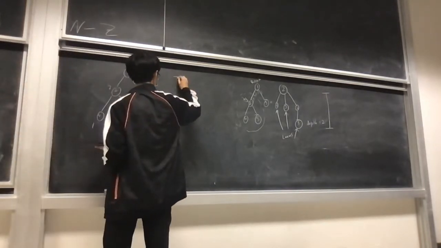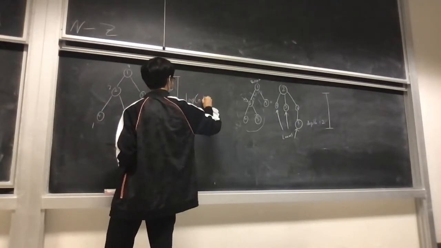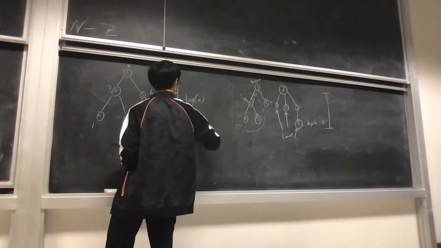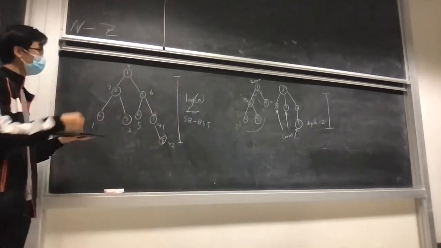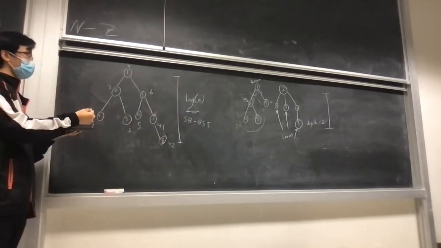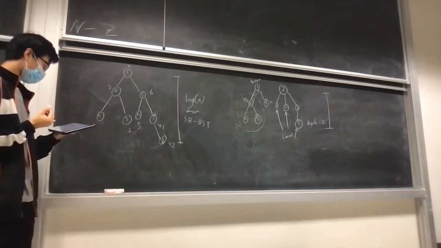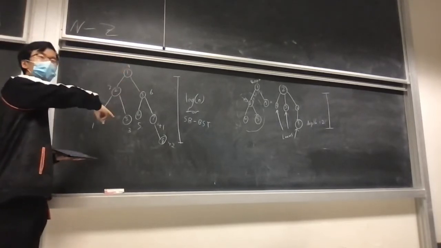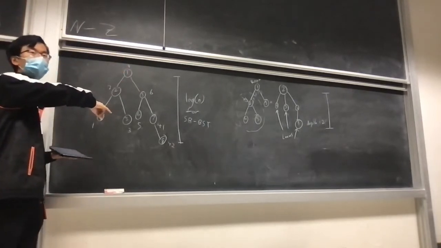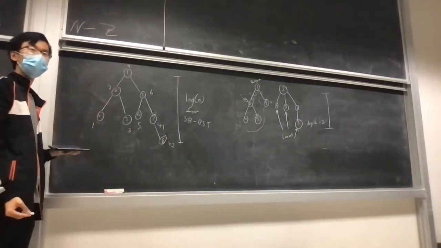So it always balances itself such that the height is log n. And this way, because the height is always log n, you would go through at most log n nodes per search. And thus the time complexity is log n in this case.